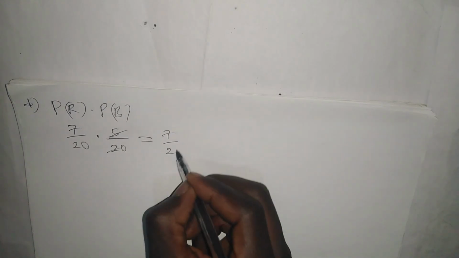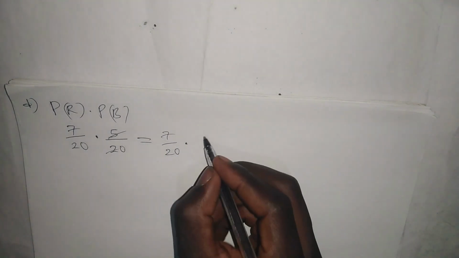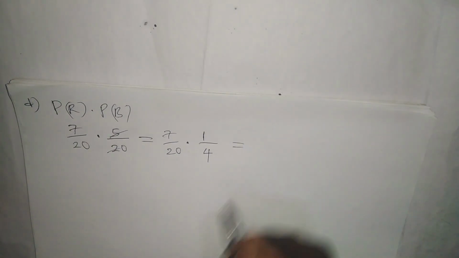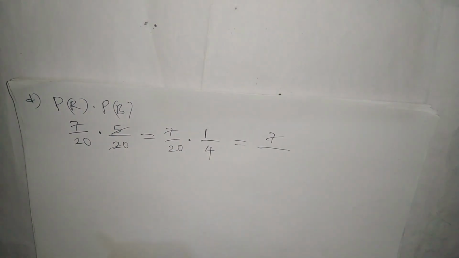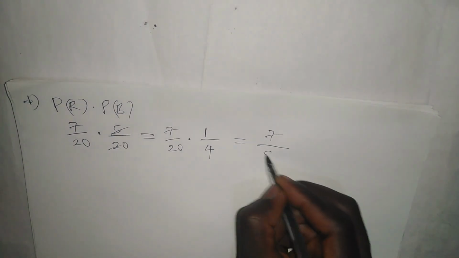So for the probability of selecting a blue marble, we have 5 blue marbles in the jar and then 20 marbles in total in the jar. Put 7 all over 20, multiply by, when you divide 5 by 5, you have 1 all over, 20 divided by 5, we have 4. Right? So this is going to be equal to 7 multiplied by 1 is 7 all over 20 multiplied by 4, we have 80.